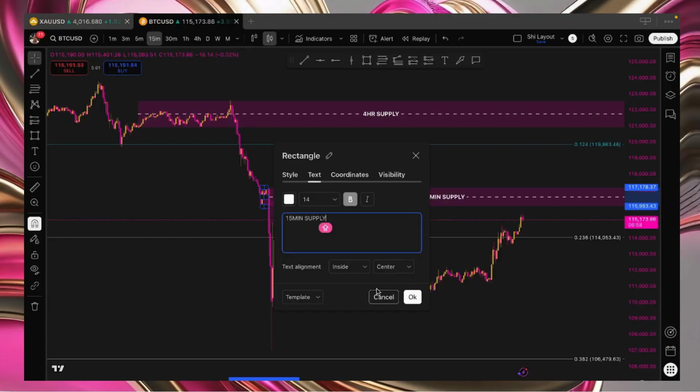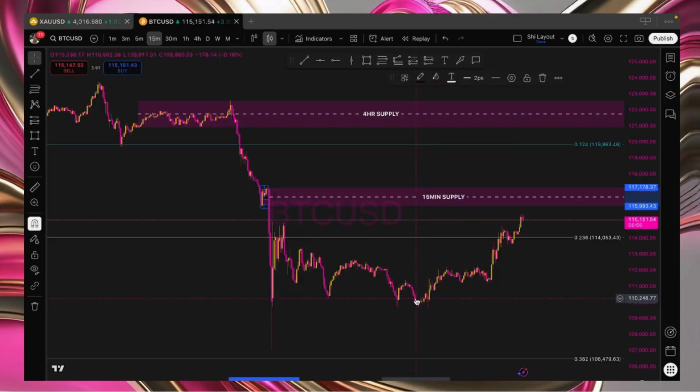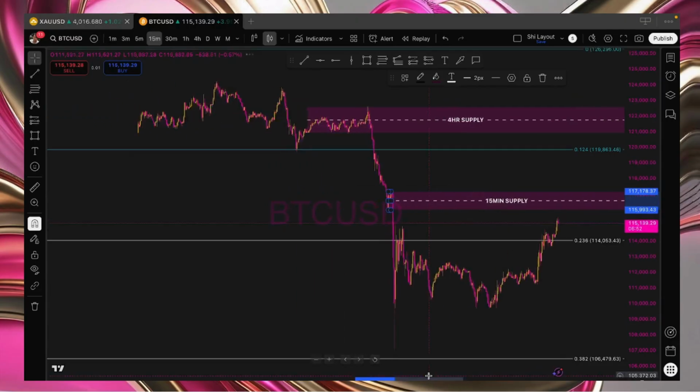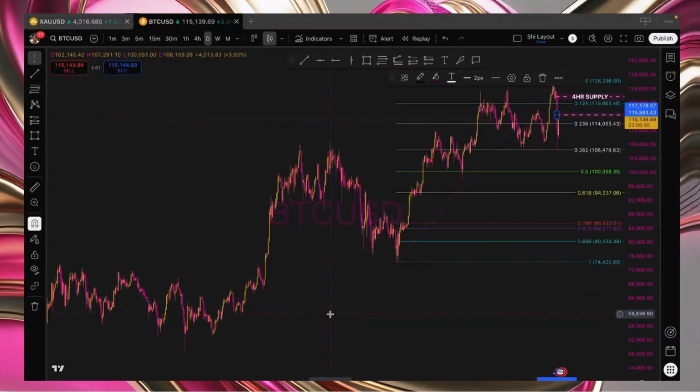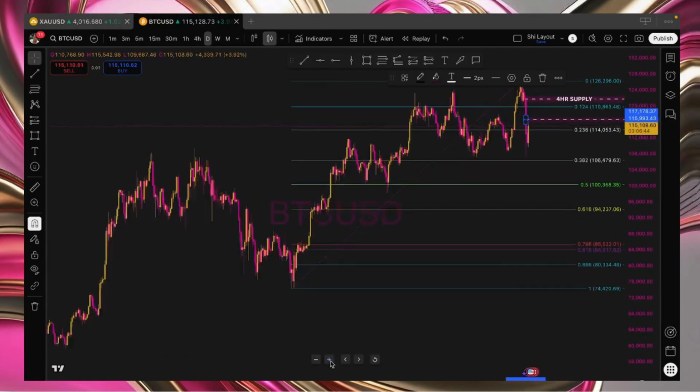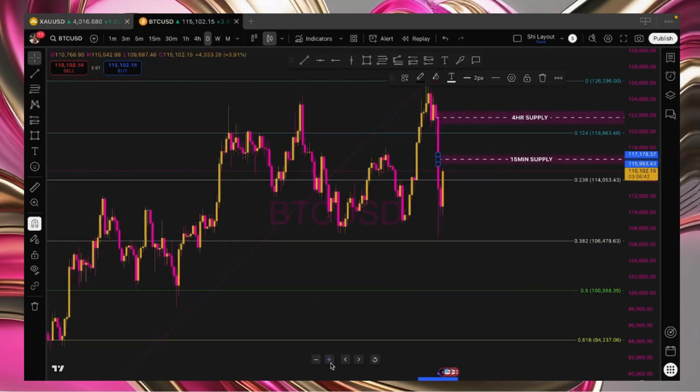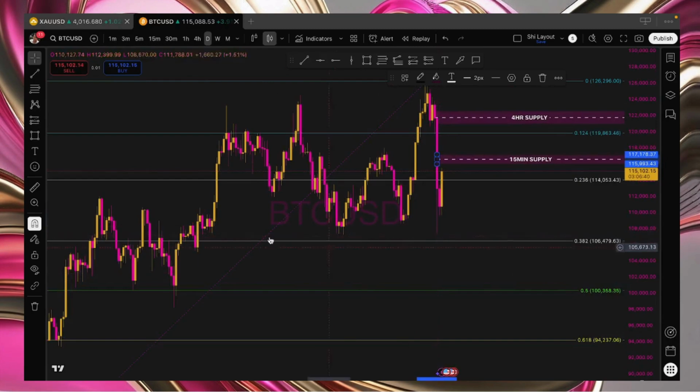All right, so now that we have that 15-minute supply zone, what I'm looking for in order for me to get in a trade, because I still feel like Bitcoin could go further. And the reason why I said that is because look at the daily chart. Okay, even though we had this tap into this zone, I wouldn't technically say this is a demand zone because it didn't lead to a break of structure above this point.